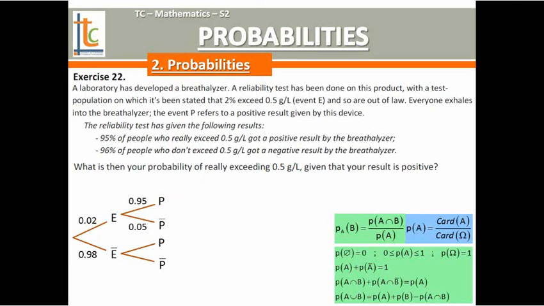And so 5% correspond to a mistake of the device. In the other part of the population, 4% correspond to a mistake. The breathalyzer says positive, whereas you were not exceeding 0.5. And 96% has a result that is a negative one. Okay, the tree expresses the data of the exercise.